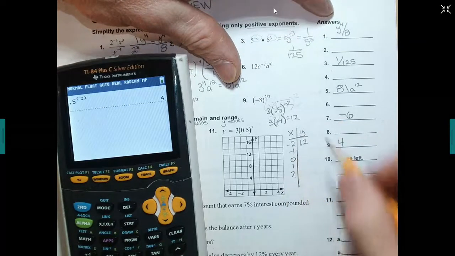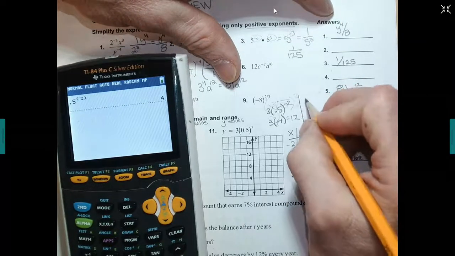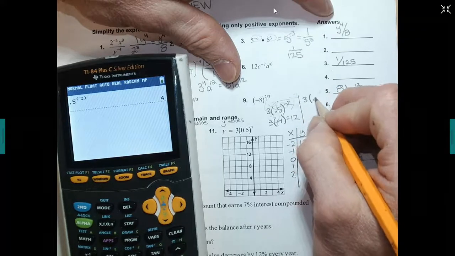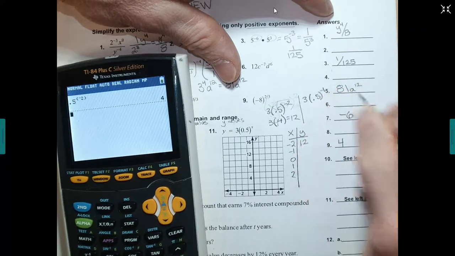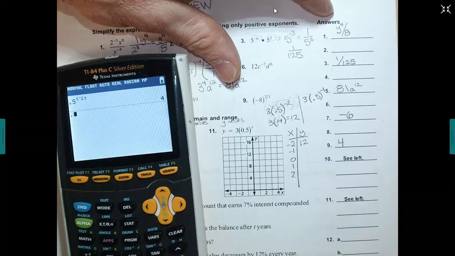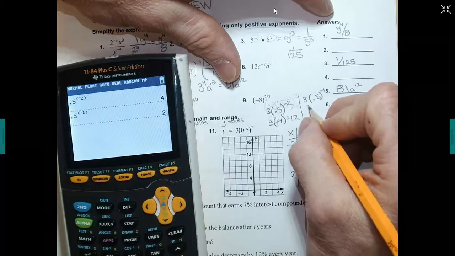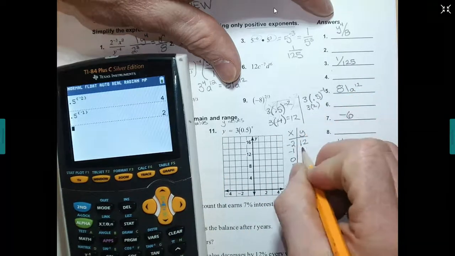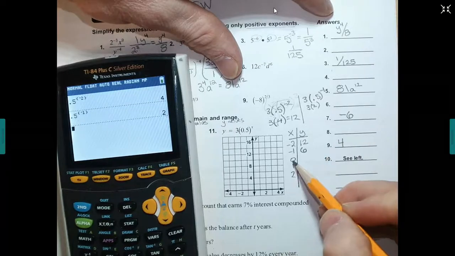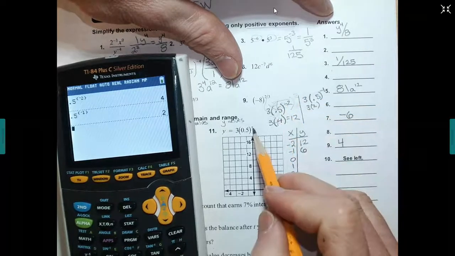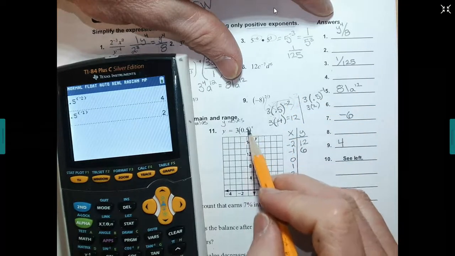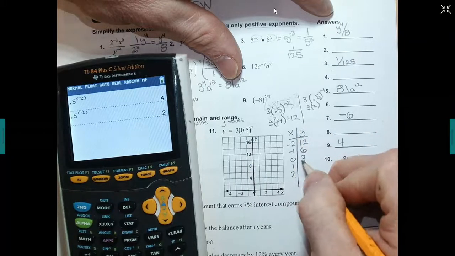So let's do the negative 1. So 3 times 0.5 to the negative 1. 0.5 to the negative 1 is 2. So 3 times 2, so I get 6. 0, well, anything to the 0 exponent is 1, so it'd be 3 times 1, so that's 3.